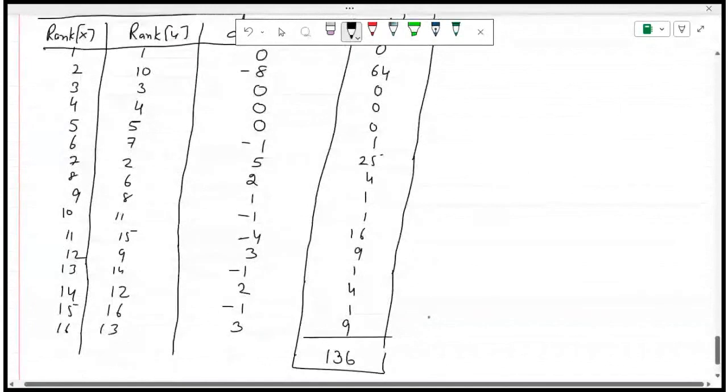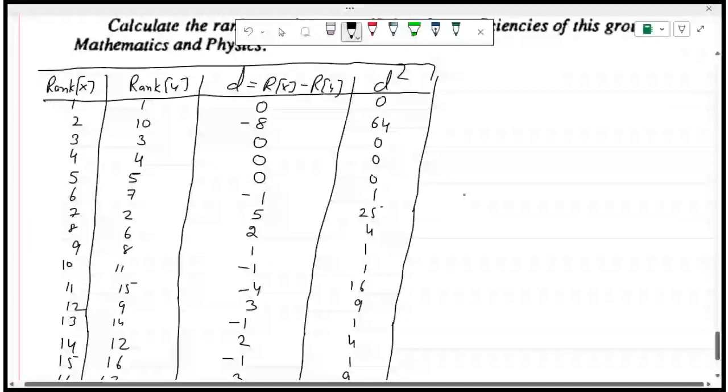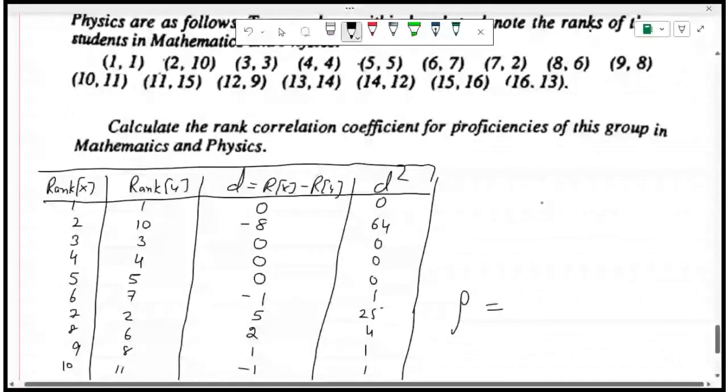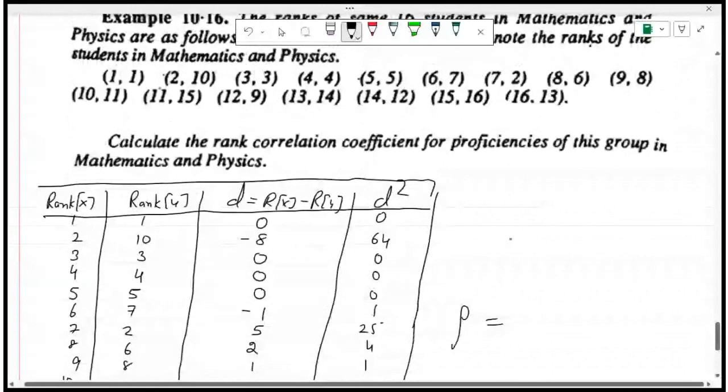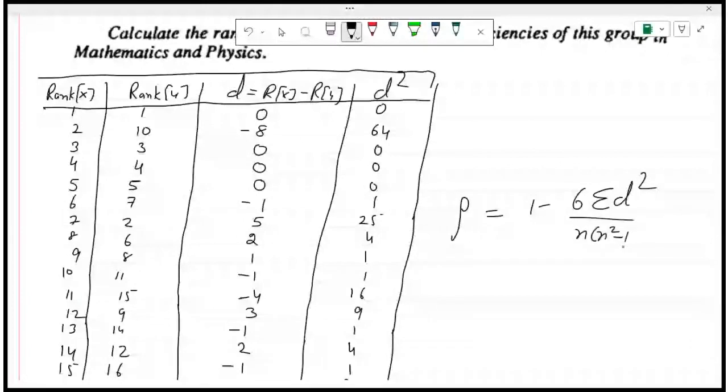Yes, sir. Okay, so now we will find the rank correlation coefficient. This is the formula; I am rewriting it again: 1 minus 6 sum of D square divided by n into n square minus 1. I have seen in class that many students divide this full thing.